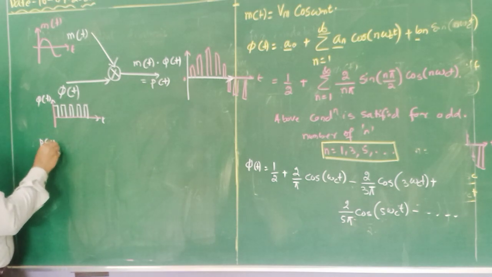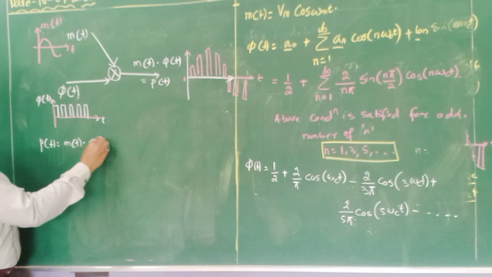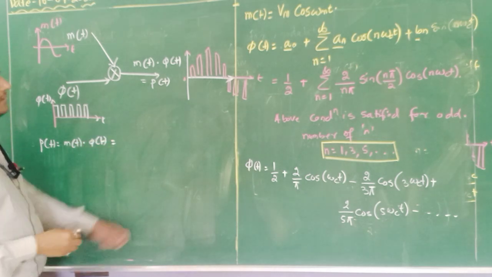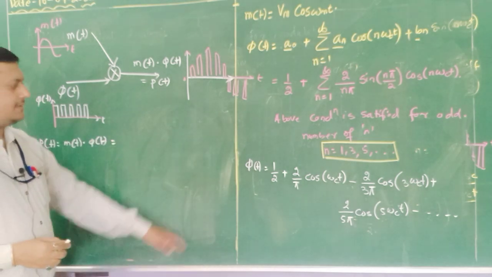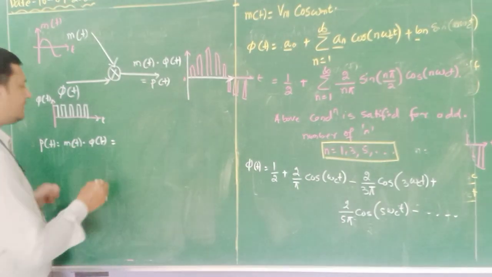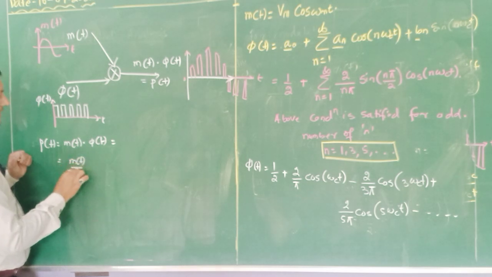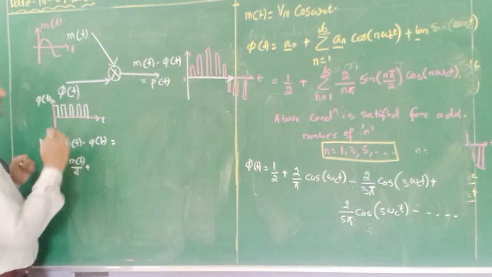So p of t is equal to m of t into phi of t. Now we have already identified this phi of t. We just need to multiply m of t into it. So the first component is m of t by 2, because half is multiplied with m of t.